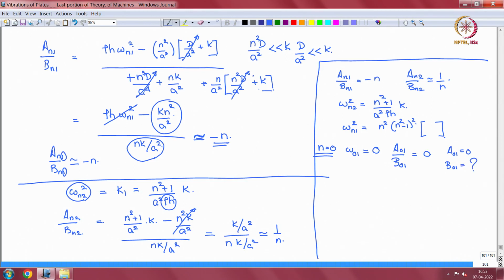Okay. B refers to which modes? B n refers to the torsional movement. Okay. So, I have a natural frequency of 0 and I have no radial displacement because a 0 1 is 0, and I have a displacement that can be anything in the torsional direction.